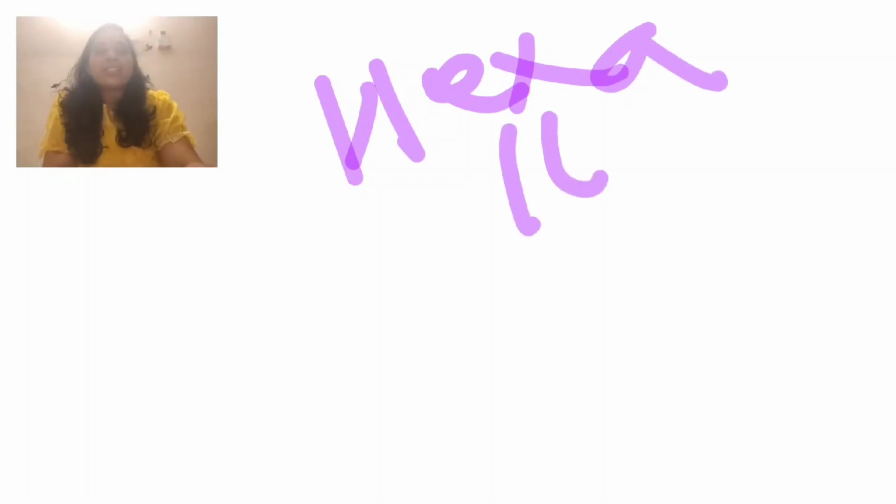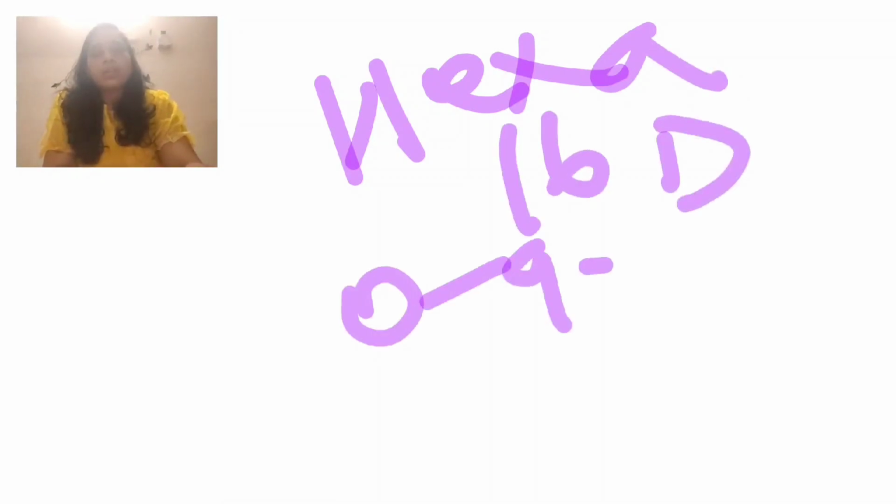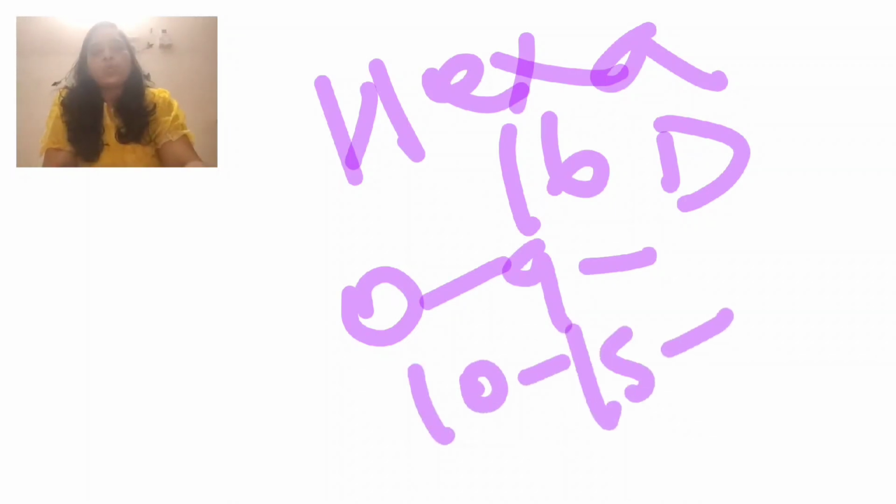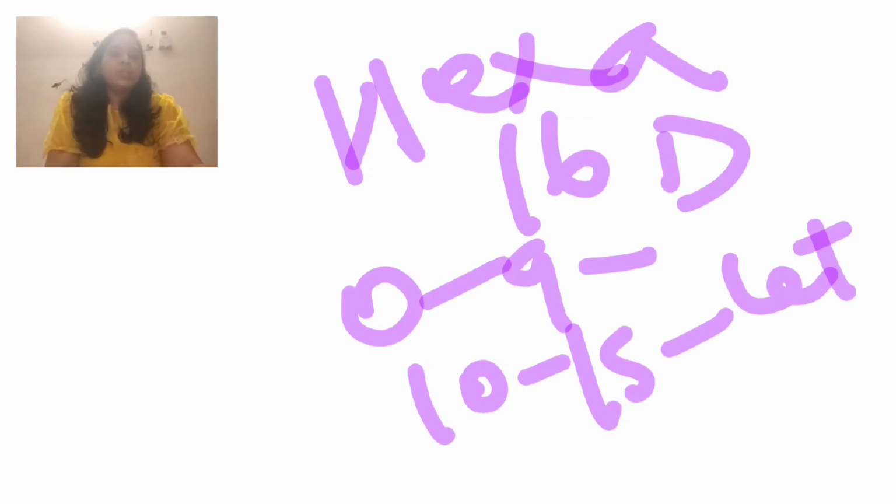Another example for hexadecimal. Hexa means here I am going to use 16 digits. So 0 to 9 are numbers, and 10 to 15 I am going to use letters. For example, here I give the example 4AD1.